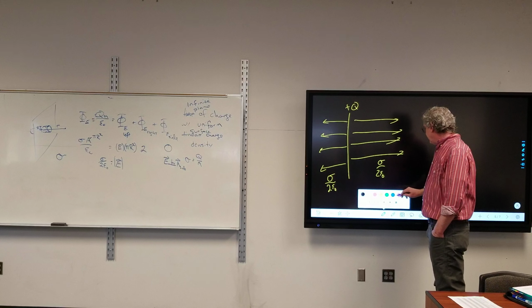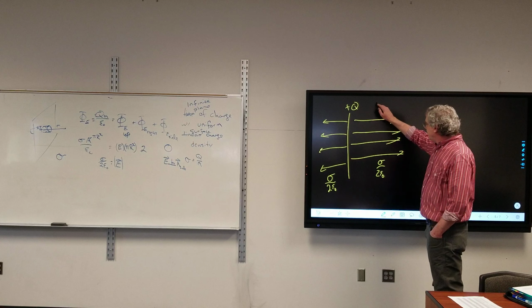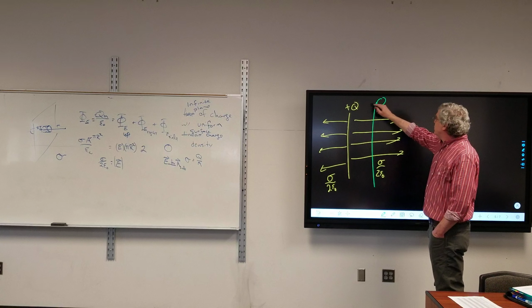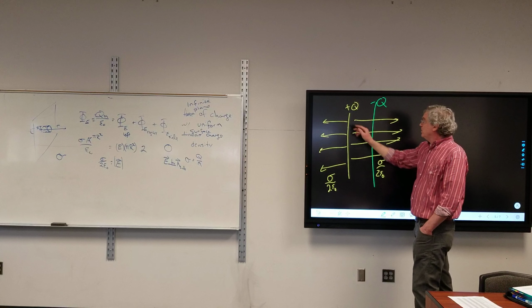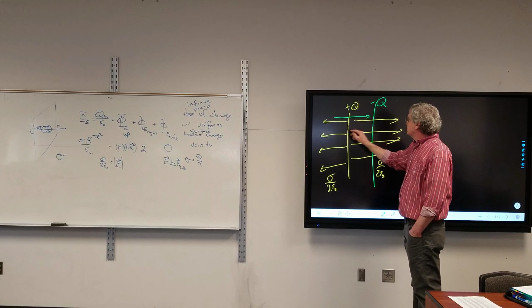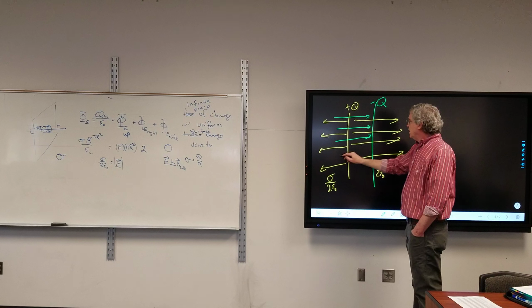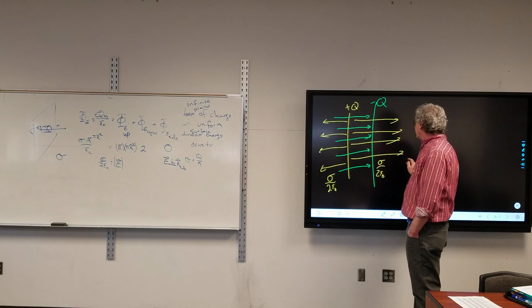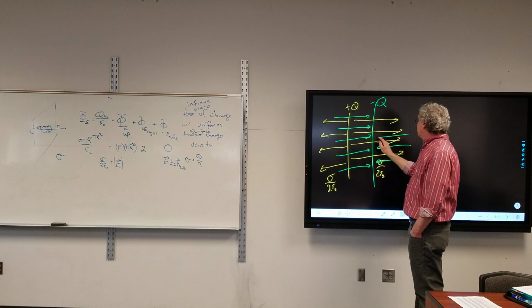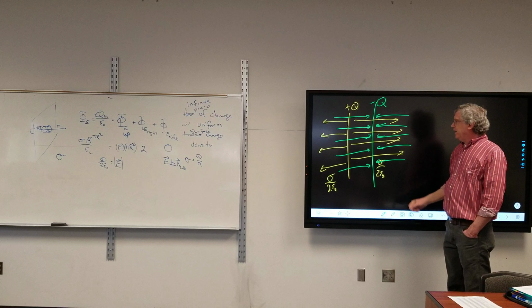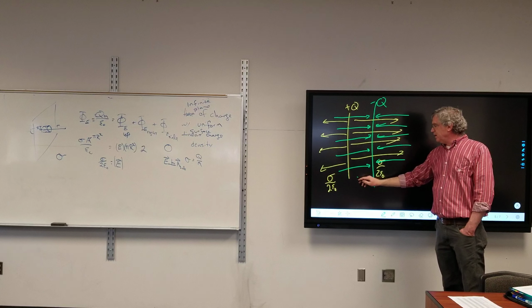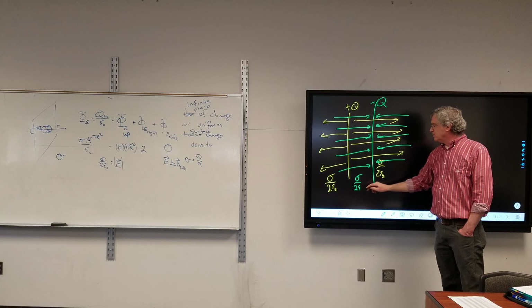Now I add another plate, this time with a charge of negative Q. It's a negative charge, so my electric field lines go towards it. And the magnitude of that is sigma over 2 epsilon sub naught.